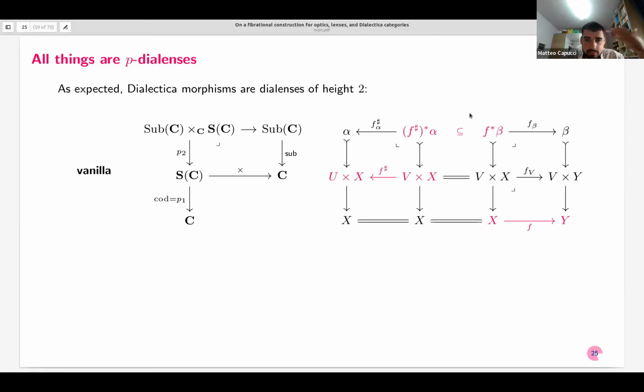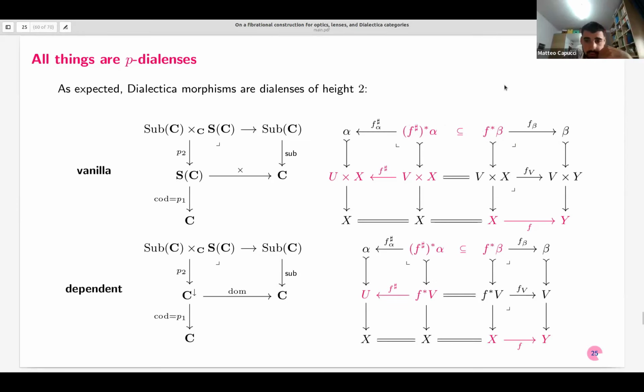And then this gives also a way to go beyond, to do something called the dependent dialectica construction, in which we simply replace the simple fibration that we use here with a codomain fibration, okay? And so we also implicitly replace C with a finitely complete category here. And so we only change the bottommost, the lower levels, right? And now instead of a lens at the bottom, we have a dependent lens. But then everything else works the same. So we do this iterated dual, and we get this generalization of the dialectica.